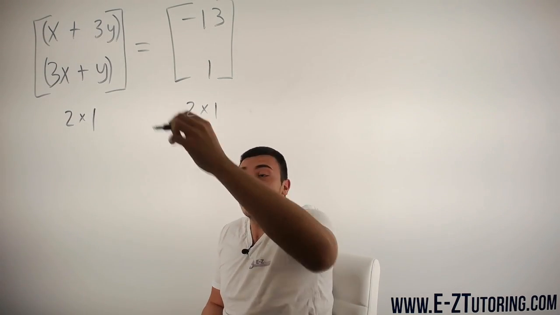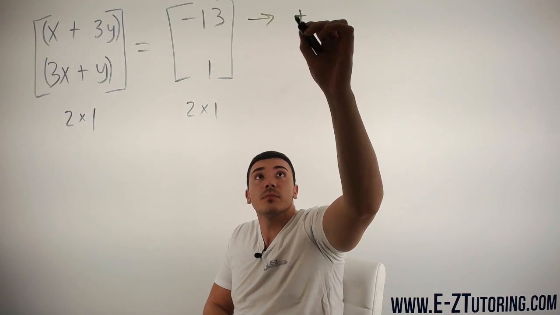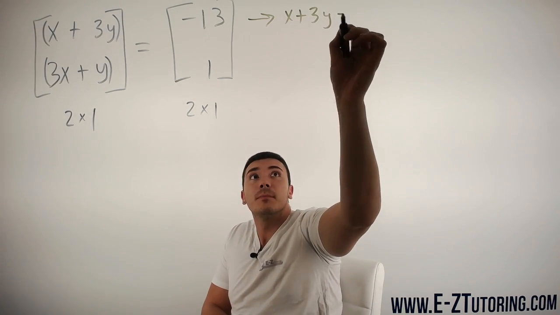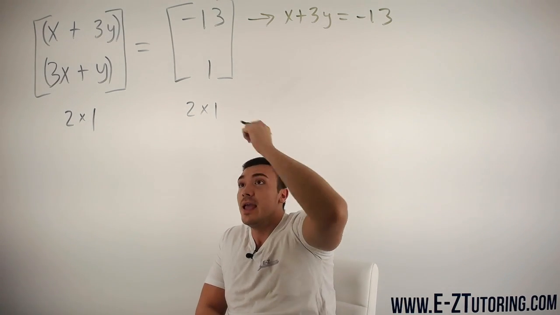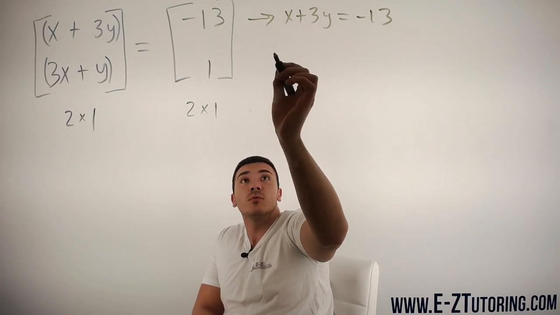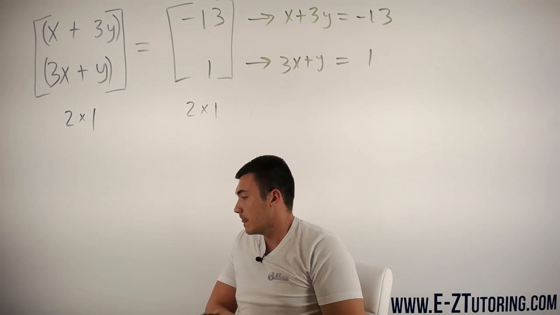So therefore, we can say that x plus 3y must equal negative 13 because it corresponds to that one. And 3x plus y must equal 1.